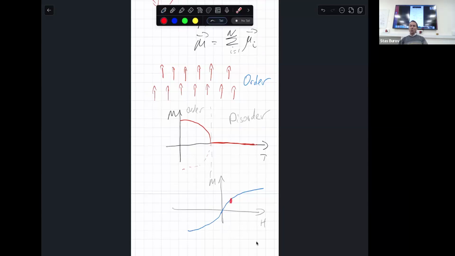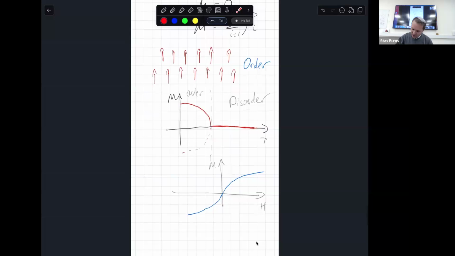This is clear. Why is it clear? It's clear because there is an interaction between the external magnetic field and the self-magnetic moment. The energy is minus mu h.